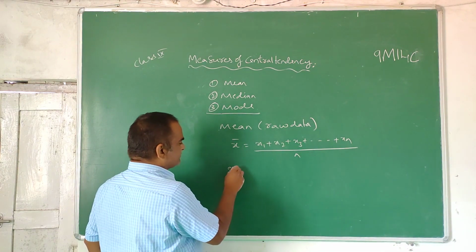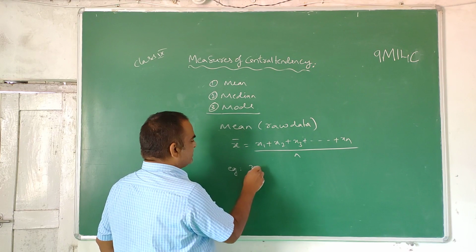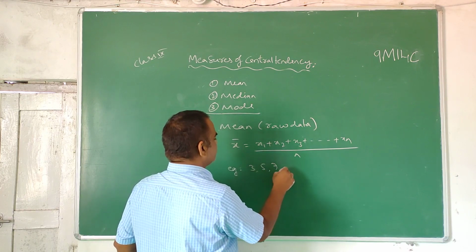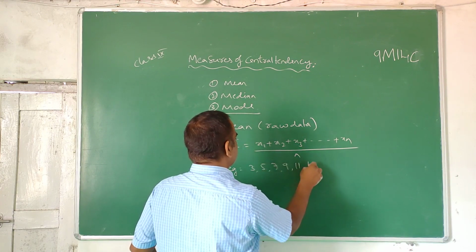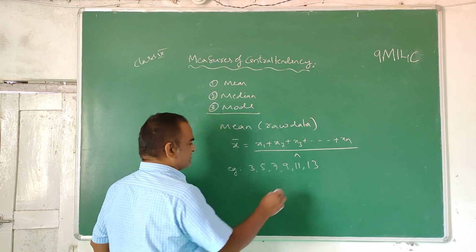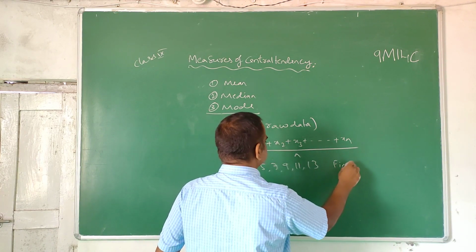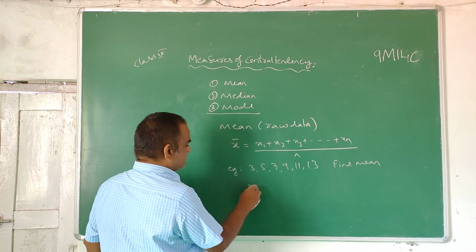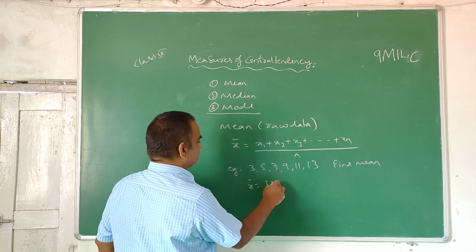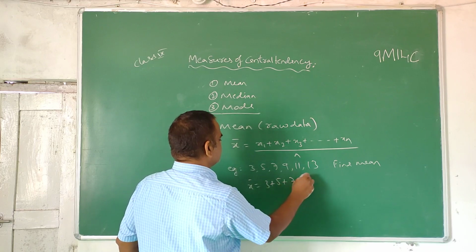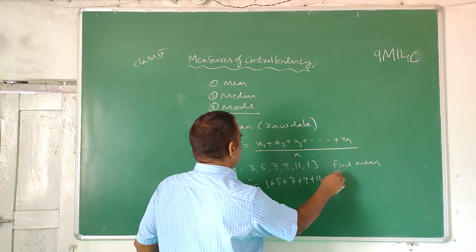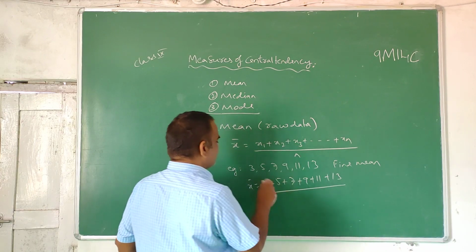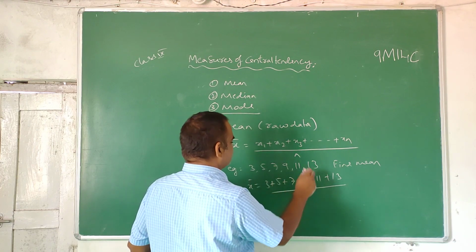For example, find the mean of the observations 3, 5, 7, 9, 11, 13. This is the question. Find the mean for this raw data. So x bar is equal to 3 plus 5 plus 7 plus 9 plus 11 plus 13 divided by 6 observations.